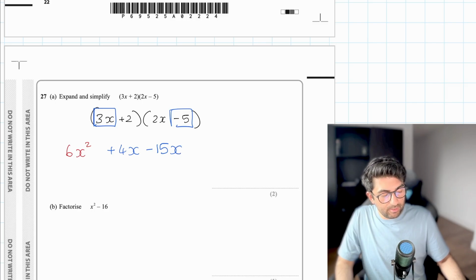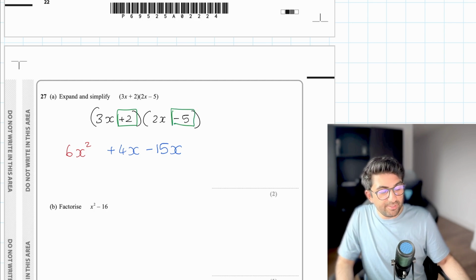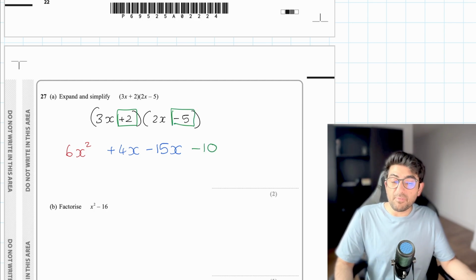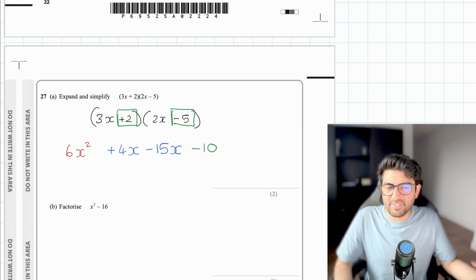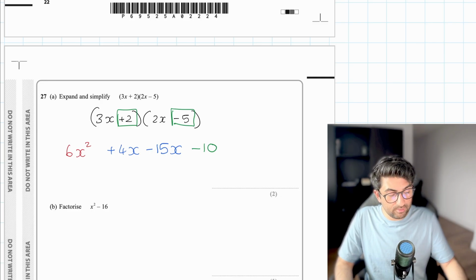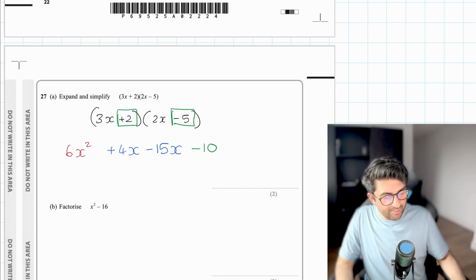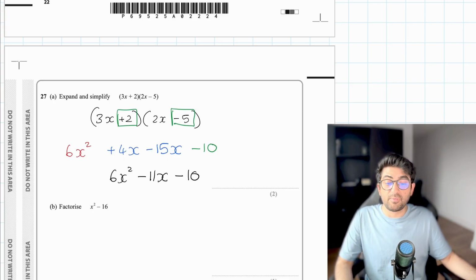And then lastly, we multiply this one and this one, which is negative 10. And then we simplify this a little bit. Notice those blue ones can be simplified. We can put them together. Positive 4x, take away 15x, is negative 11x. So altogether, we've got 6x squared, negative 11x, negative 10. So we've expanded it, and we've simplified it.